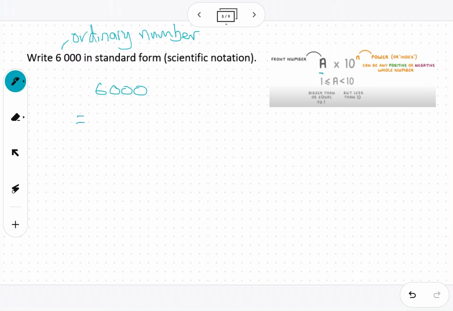So we pick 6. Okay, so 6 times what makes 6,000? It's 6 times 1,000. Then you convert this into index notation. So 6 times, there are 1, 2, 3 zeros, which means 10 power 3.